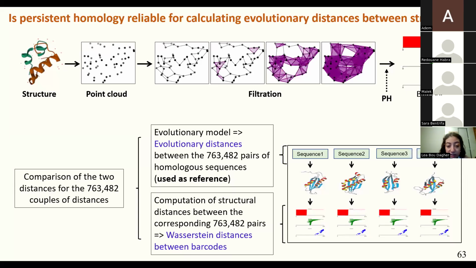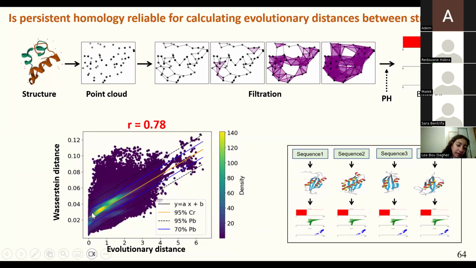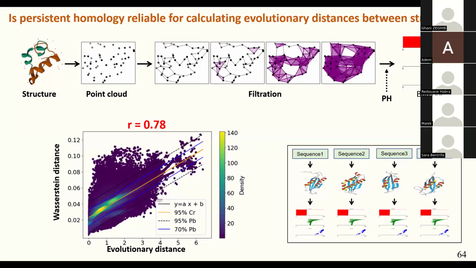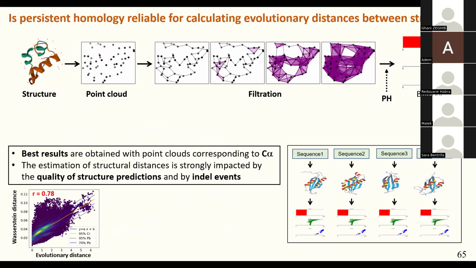When I compared them, I obtained a correlation of 0.78, which was not bad, which means that persistent homology could be a good start to use structures in order to estimate evolutionary distance, but it was not as good as other methods.